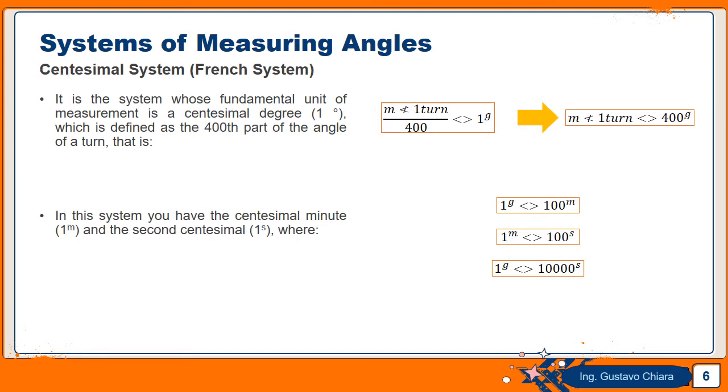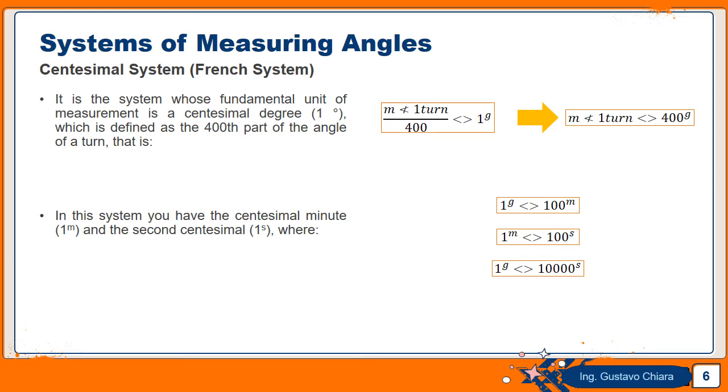The other system of measuring angles is the centesimal system, that is the French system. In this system, the fundamental unit of measurement is the centesimal degree, which is defined as the 400th part of the angle of a turn. So it means that the measure of one turn divided by 400 is equal to 1 centesimal degree.